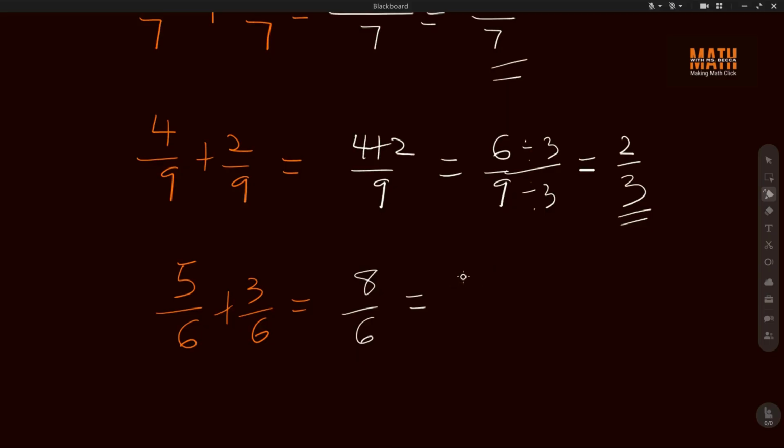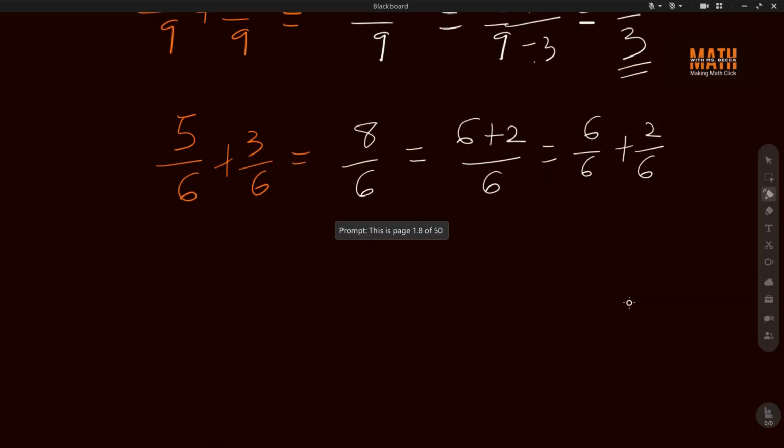So that means 8 is a combination of 6 and 2. So this is 6 plus 2 over 6. So that will give 6 over 6 plus 2 over 6, and 6 over 6 will be 1.